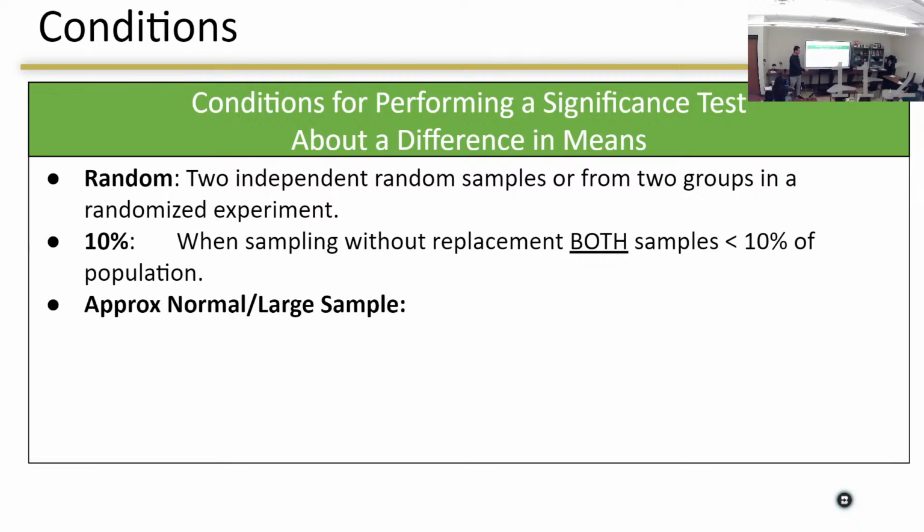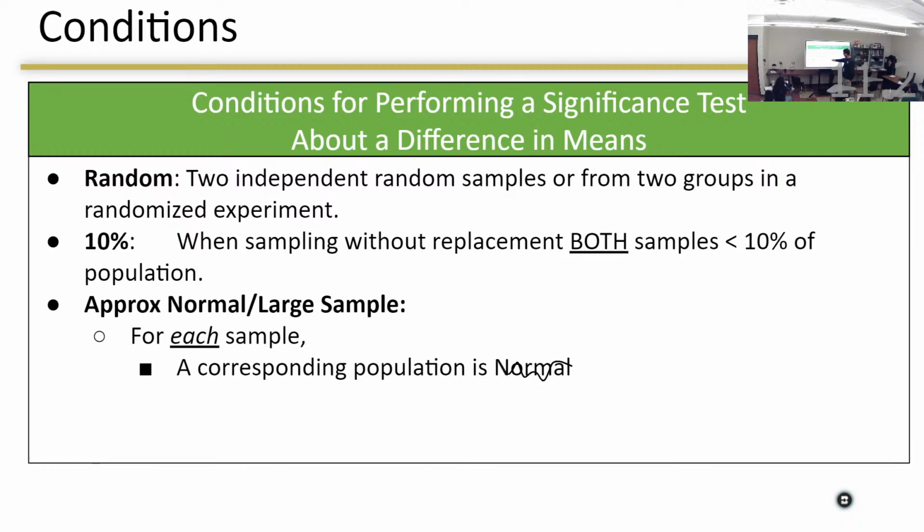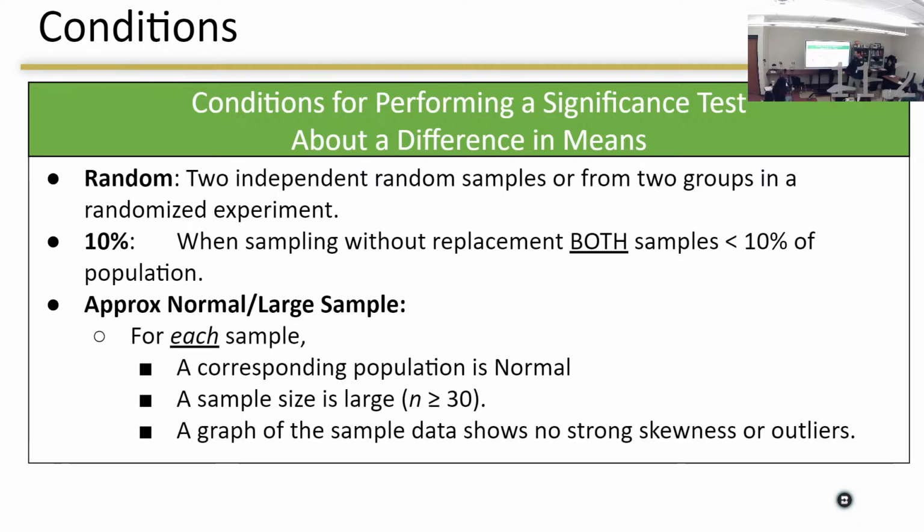And then large samples, and they both have to fit that large counts. Hopefully they're both over 30. I need to take this part off because I don't think this ever happens. It's in our book, but I don't think the population is ever normal. Hopefully they're both over 30. If they're not over 30, then you'll have to graph them.